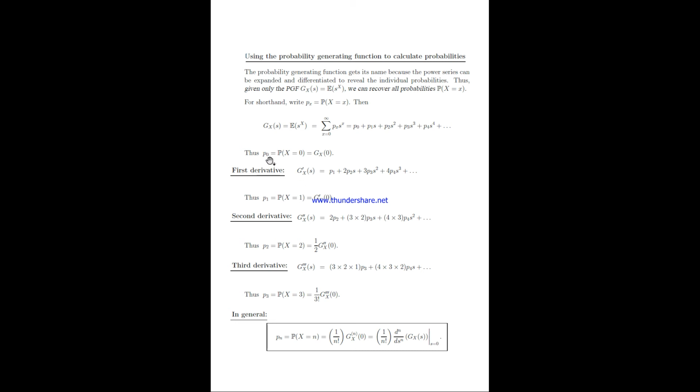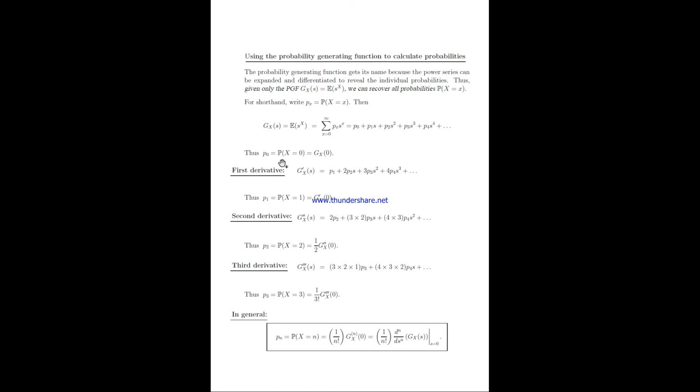P0 is equal to the probability generating function. P1 is equal to the first derivative. P2 is equal to the second derivative divided by 2. And P3 is equal to the third derivative divided by factorial 3.